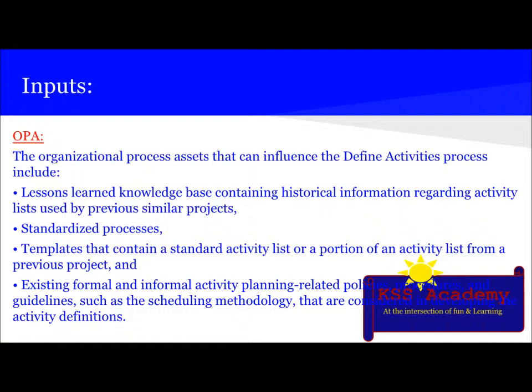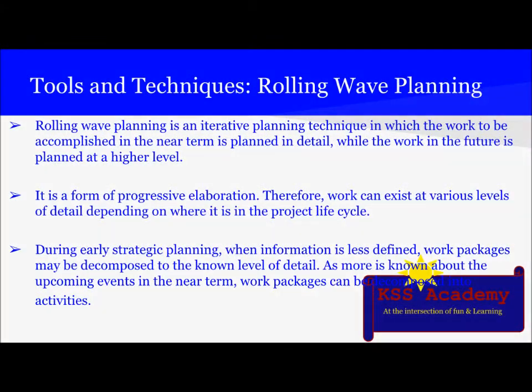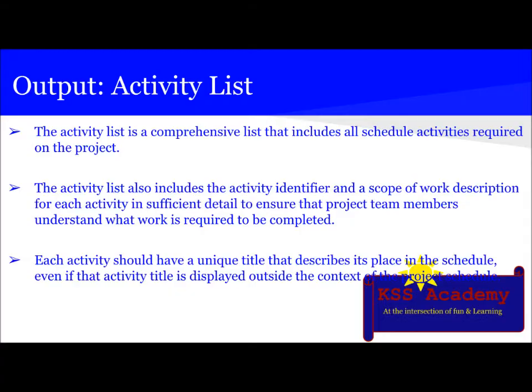Existing formal and informal activity planning related policies, procedures, and guidelines, such as scheduling methodologies, are considered in developing the activity definitions. The tools and techniques involved are decomposition, rolling wave planning, and expert judgment.